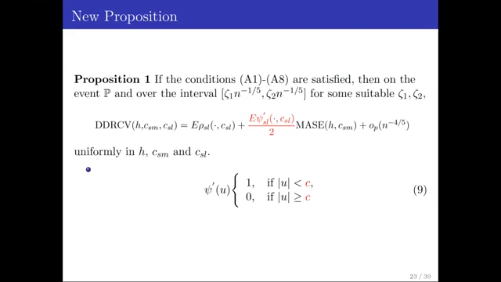So a minimized MASE means the estimate works for us. However, sometimes this situation doesn't satisfy the purpose, because when you look at the details of the psi definition, indicated by equation 9, if the absolute value of U is smaller than C, then psi will equal 1. However, when the absolute value is larger than or equal to C, then psi prime will equal 0.